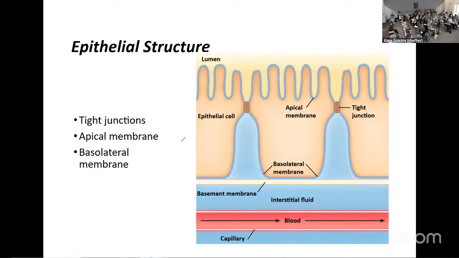Then we have some direction words. So when we're talking about the top and bottom of this image, we're going to describe this a little more formally. So the apical membrane, the apex of the cell, in this case the top of the image, is the one that's facing outside.